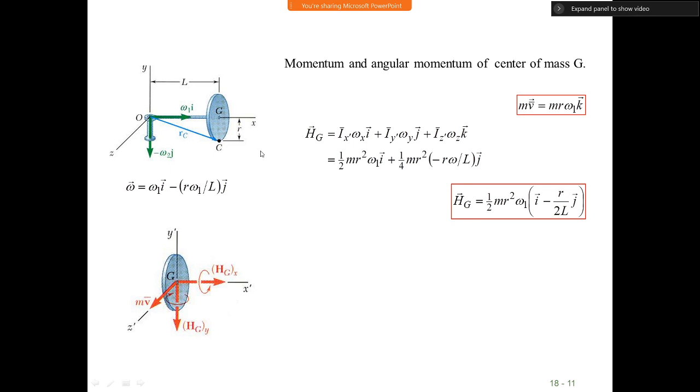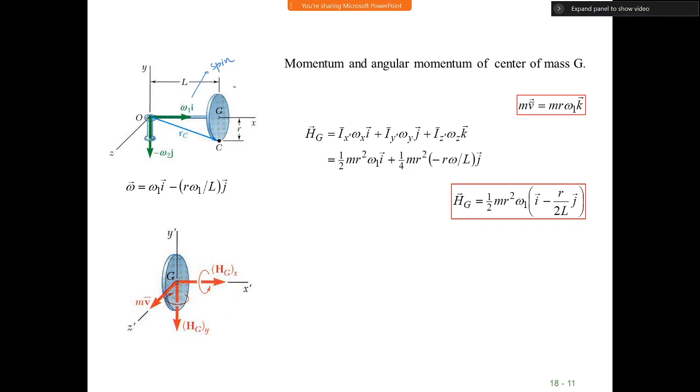So now this whole body can be expressed as linear momentum, which is m omega 1 r in the z direction, k cap. And then the angular momentum has two components. One is along the i cap. This term omega 1 is called the spin angular velocity.